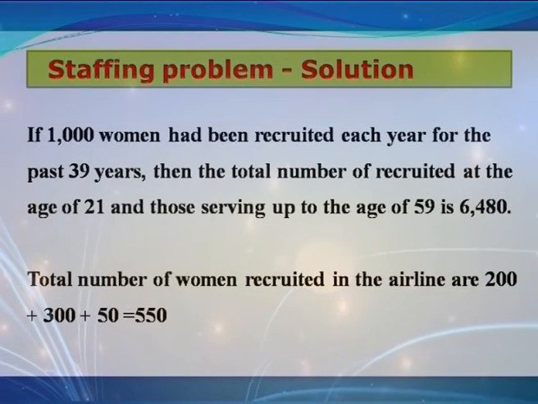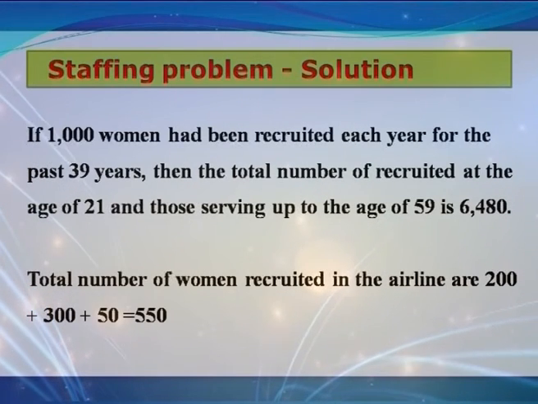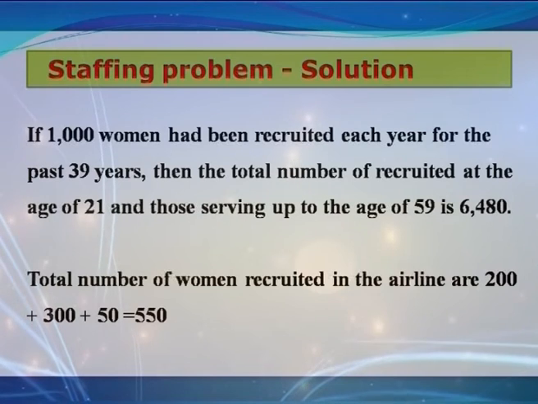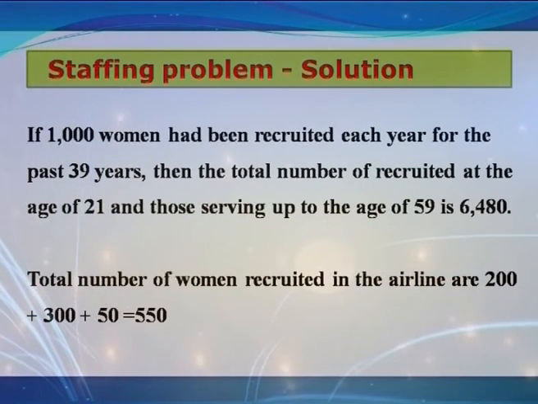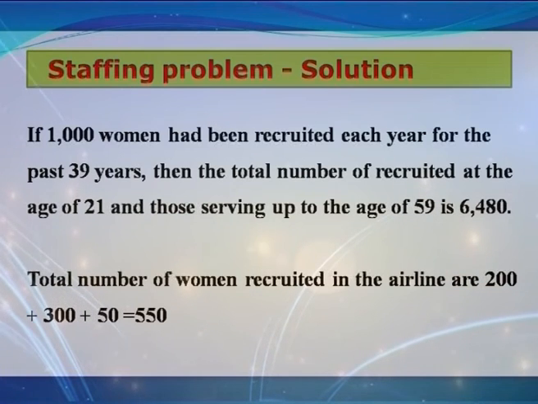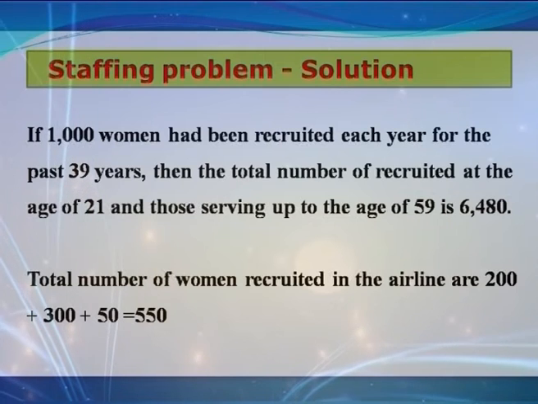Coming to the solution. If 1000 women had been recruited each year for the past 39 years, then the total number recruited at the age of 21 and those serving up to the age of 59 is 6480.